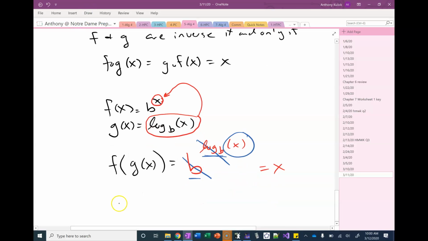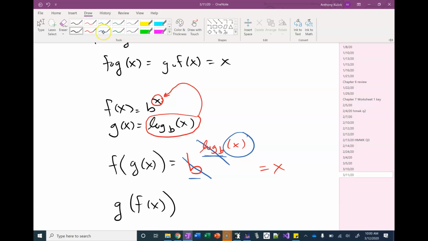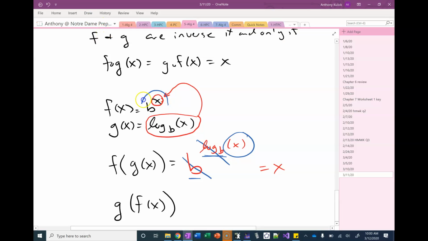Similarly, since f and g are inverses, I also know that g compose f is equal to x. So what that means is I'm going to take my f and plug it in for the x in g.